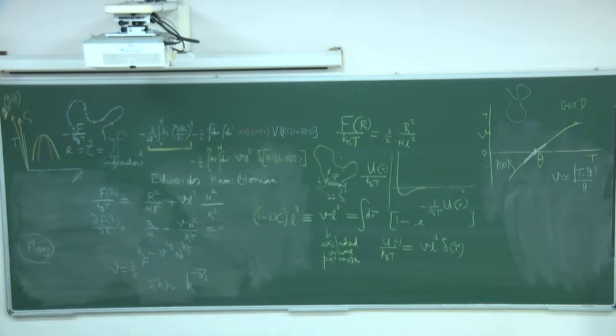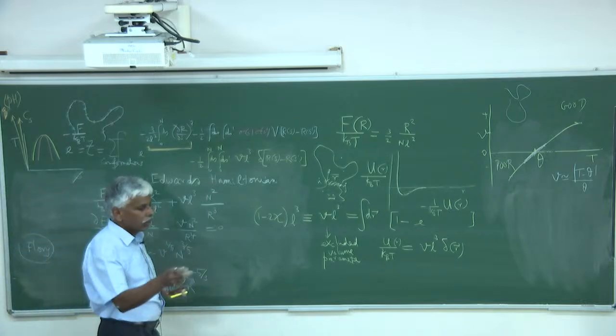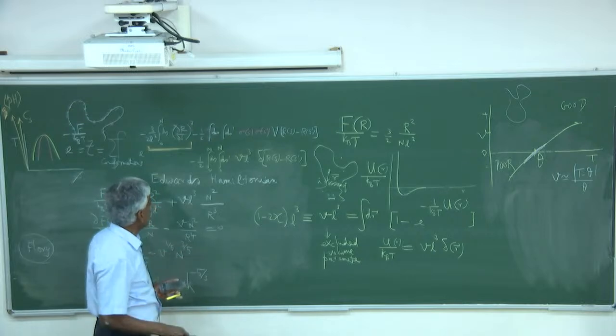Now I put V3, three body interactions. What's the probability I'm going to get 3 monomers in the same place? That will be n over r cubed, the density, to the power 3, and then the total volume of the coil, r cubed. This is positive and this is negative. So this is n cubed by r to the 6.